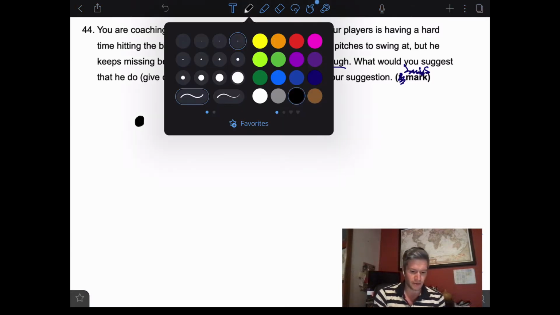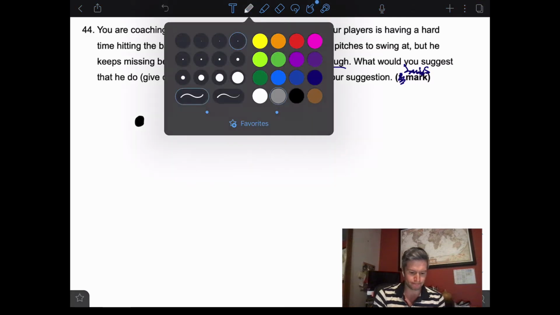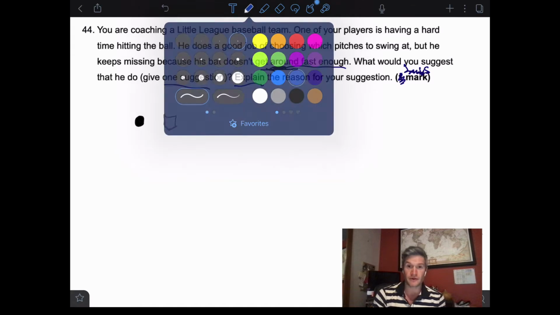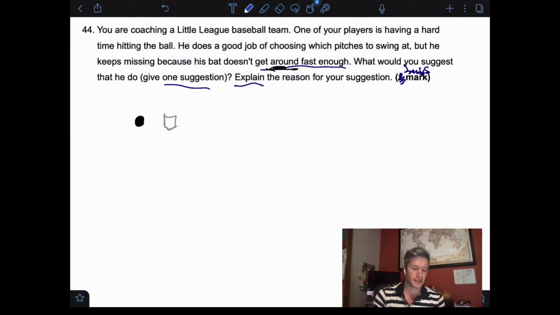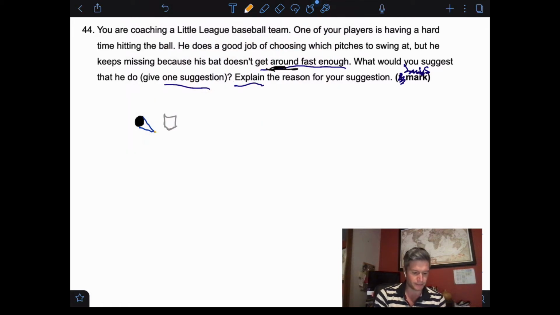So we can think first about our batter here, and heck, we'll draw the plate in. Based off of this information, we know that they're swinging, they're having some sort of rotation. There's arms. We also know in baseball there's a bat.